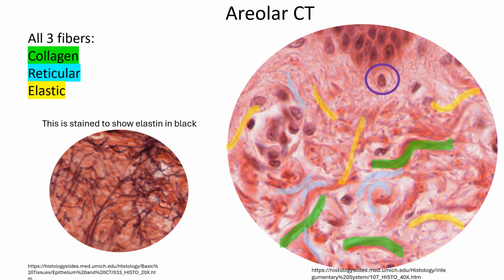The most common type of cell that you see in areolar tissue, though, is a fibrocyte. What it's doing is maintaining the integrity or the structure of the fibers and the matrix in general. There are fibroblasts, and they're creating the fibers. In most pictures like this, though, you can't tell the difference between the two.